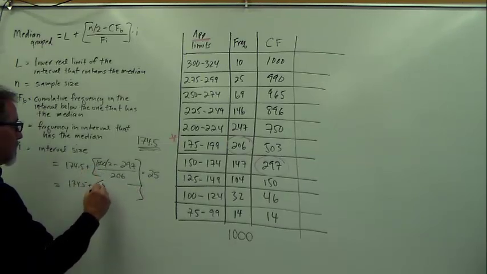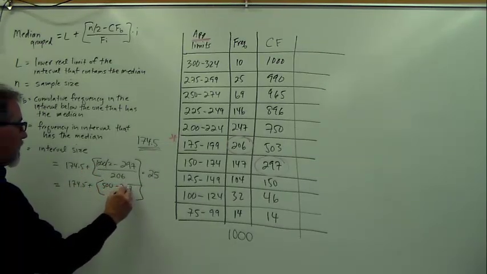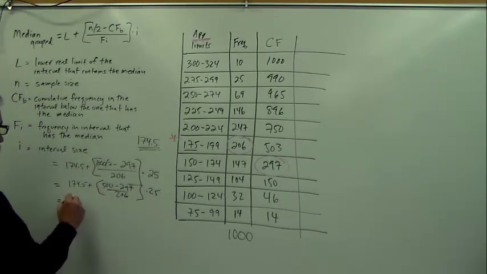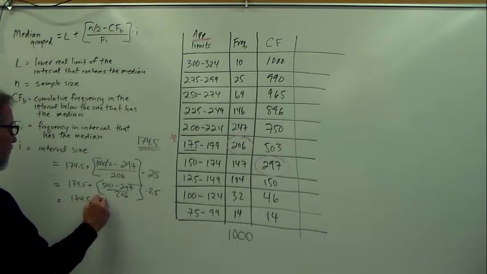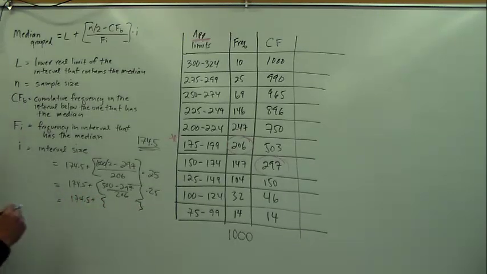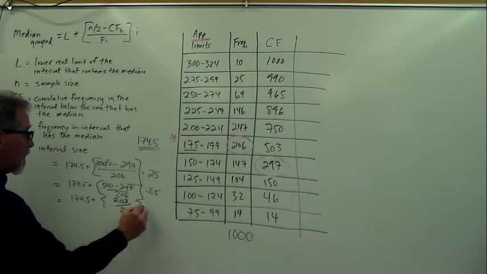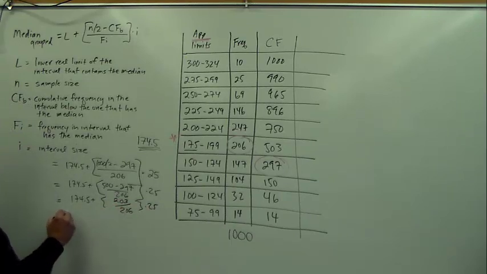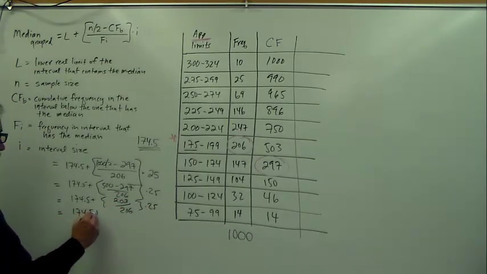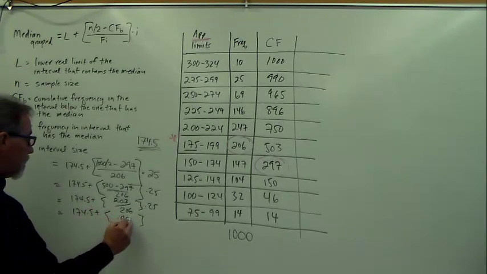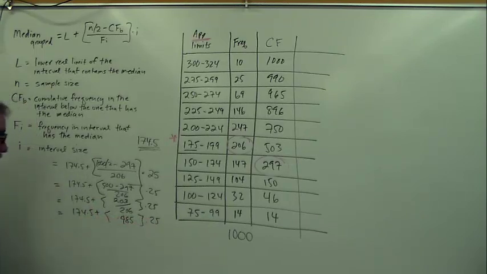174.5 plus, this is the way I was taught how to do it, 1,000 divided by 2 is 500 minus 297 over 206 times 25. 174.5 plus 500 minus 297 is 203 over 206 times 25. 174.5 plus this value right here is 0.985 times 25.